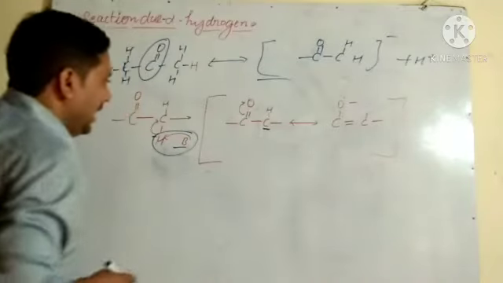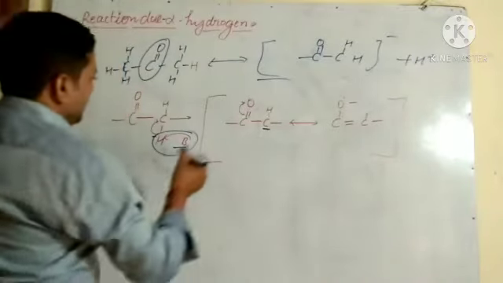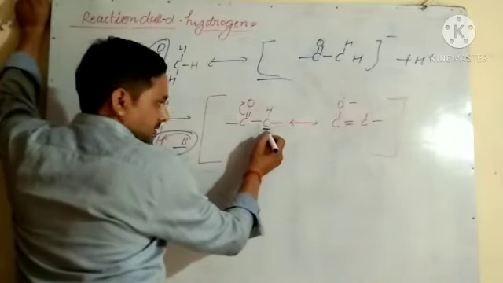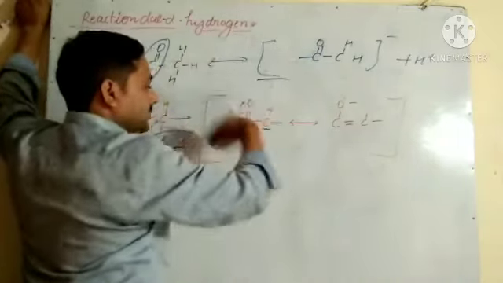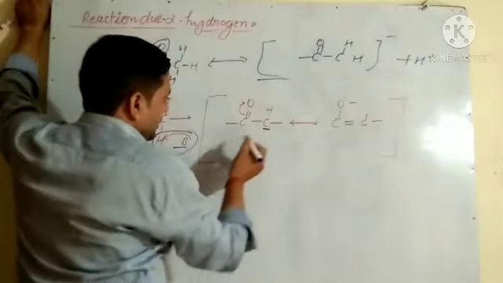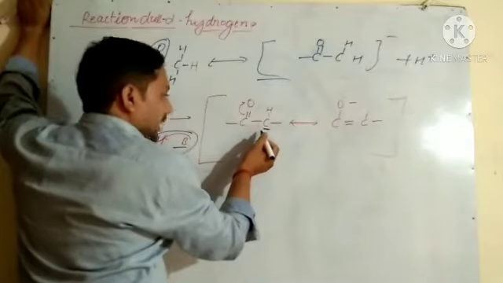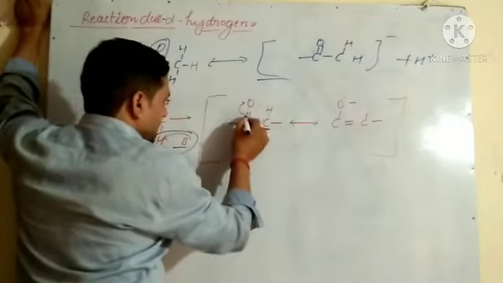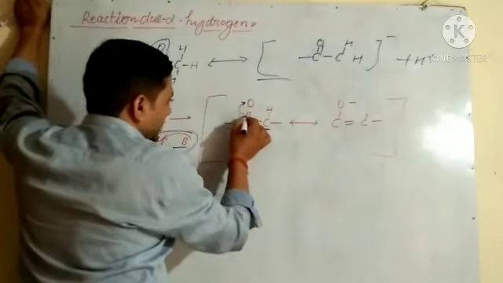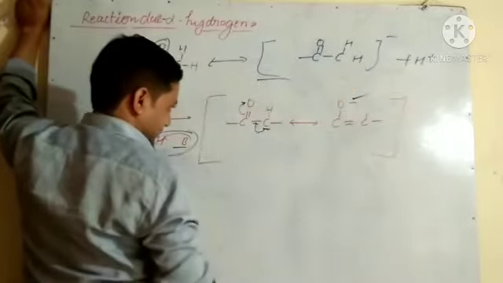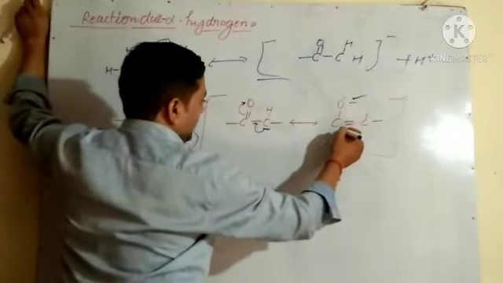Now, due to development of charge, it will not be stable here. It will delocalize to the whole carbon wherever it is possible. So in the next step, this will shift to that side, and that double bond will change into a single bond. So there will be a negative charge, and here a double bond will be formed.